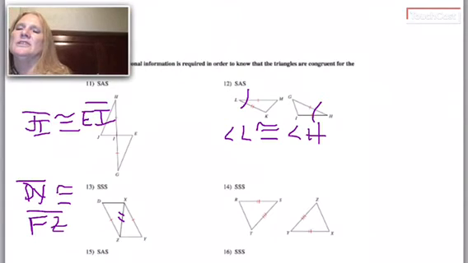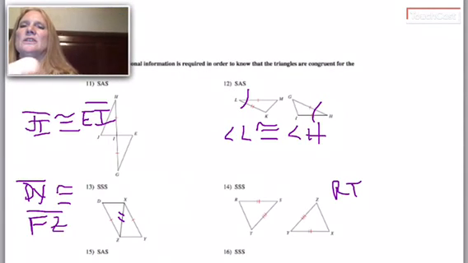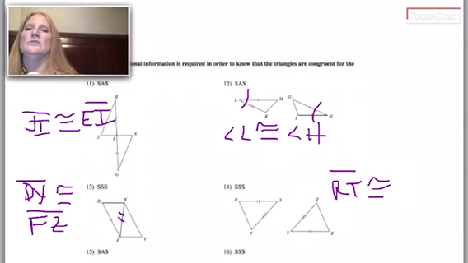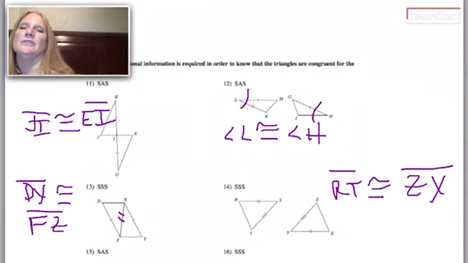And then we would have side, side, side. In 14, let's see, we've got two sides given. The side that's not given is RT would have to be congruent to ZX. Again, order doesn't matter. You can say ZX or XZ, but that's what's missing to prove side, side, side congruency.